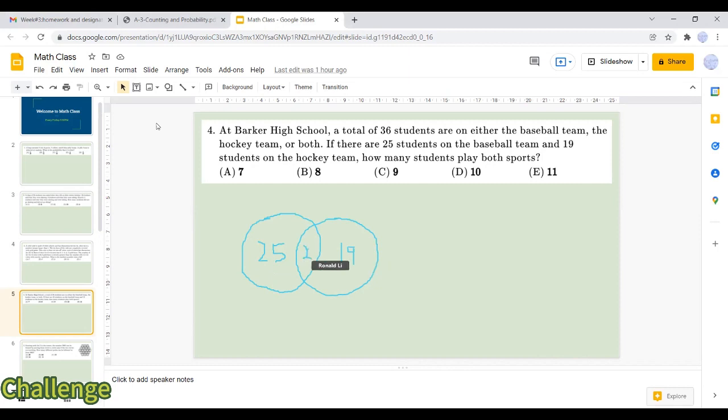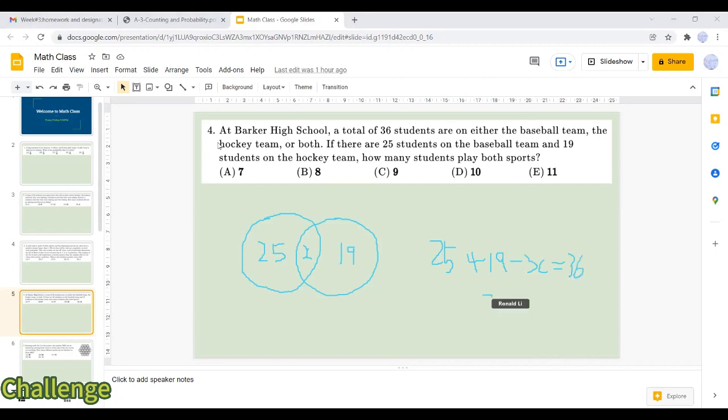You just add them together to get the total number, and then you subtract x because that's the overlap. So you do 25 plus 19 minus x, and that's equal to 36.